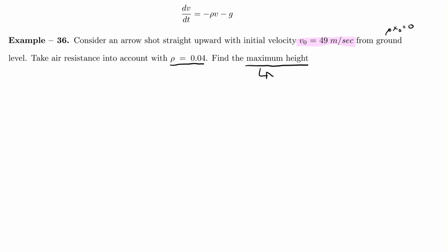Now one thing to keep in mind is if we are shooting something into the air, its maximum height will correspond to when the velocity is equal to 0. Once we know when the velocity is equal to 0, solve that for t, then we can plug that value into the position function that we can get by just integrating our velocity one more time.